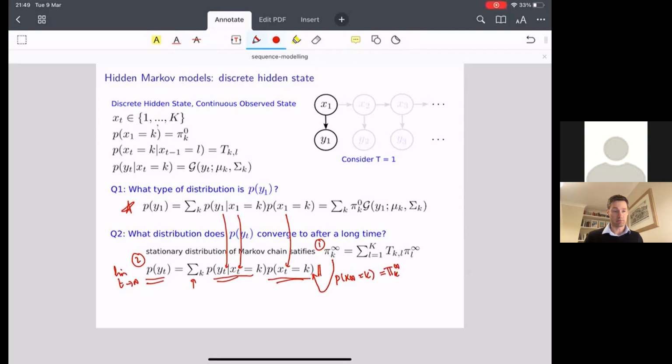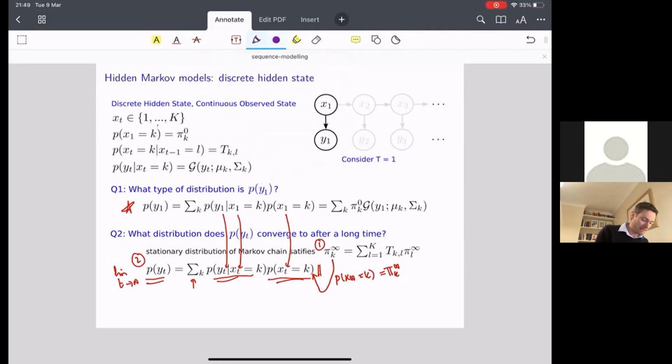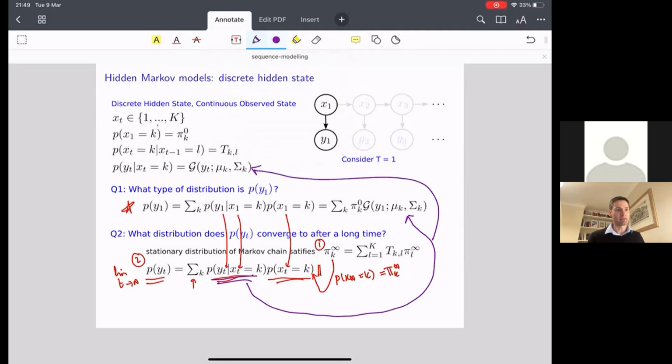That's the definition of this thing. The marginal distribution after we've run for an infinitely long time is equal to pi_k infinity. So I can substitute this in here, and the other term is easy. The probability of yt given xt equal to k.